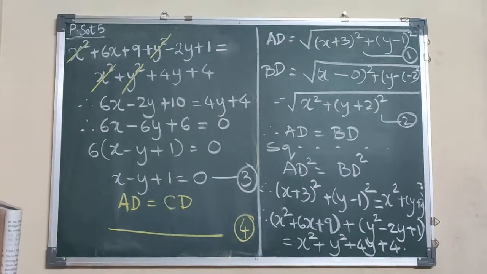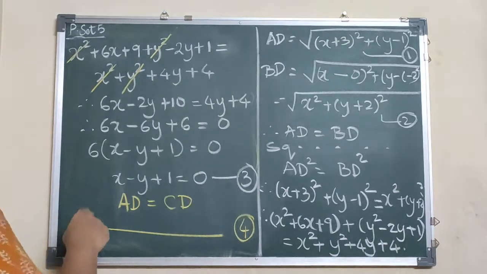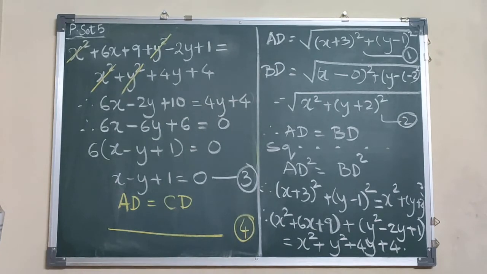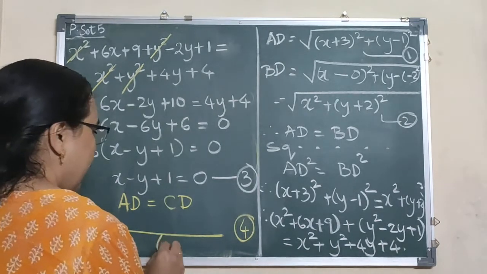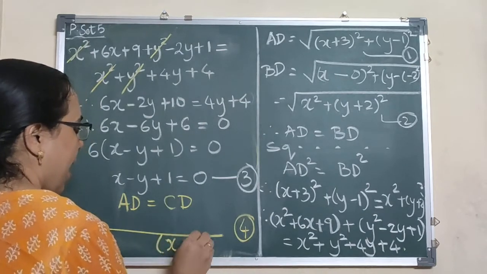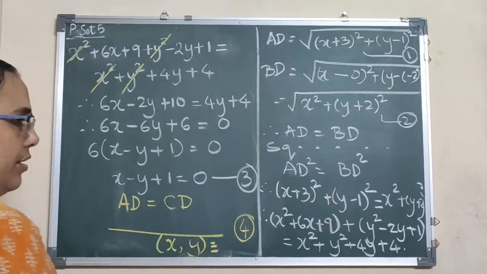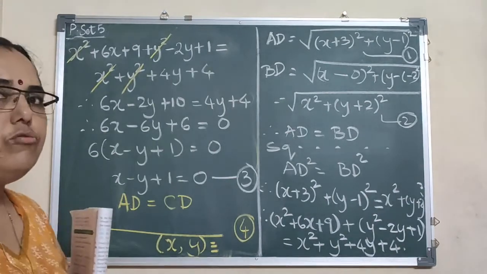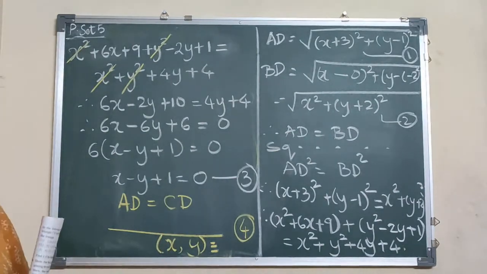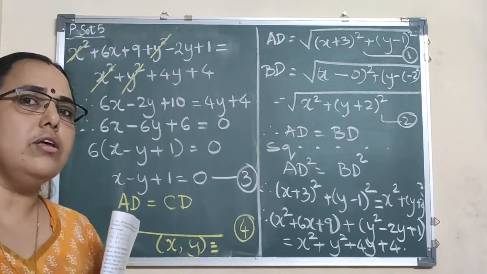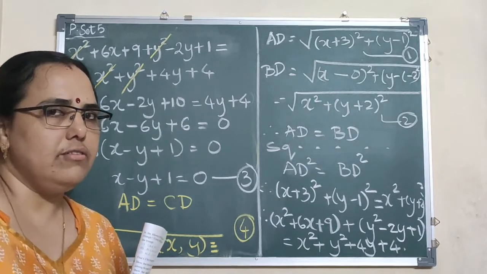Once you get that equation, I know you know how to solve the equations simultaneously. And when you solve the equations simultaneously, you will get the values for x and y. Is that very clear, girls? So, you will complete the sum with the help of the solved examples, which is sum number 6 in your textbook.